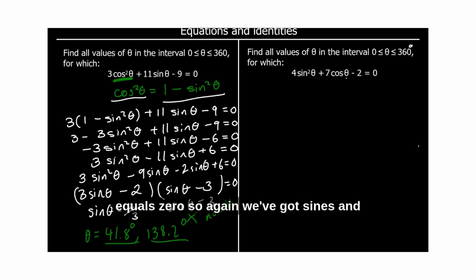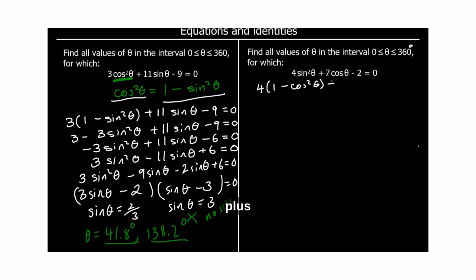So again, we've got sines and cosines in the same question. We don't want that. We want to make it all sine or all cos. So let's change sine squared theta into 1 minus cos squared theta. So 4 times 1 minus cos squared theta plus 7 cos theta minus 2 equals 0.